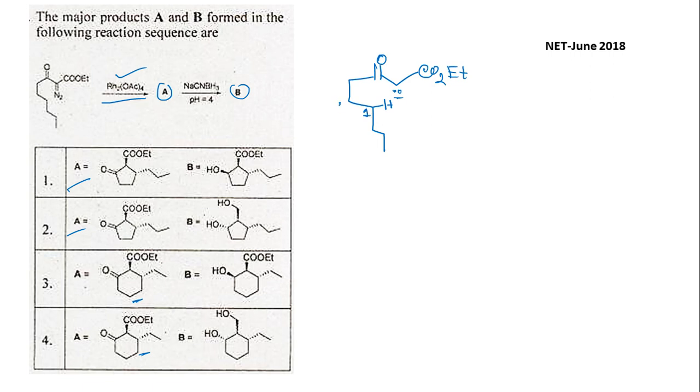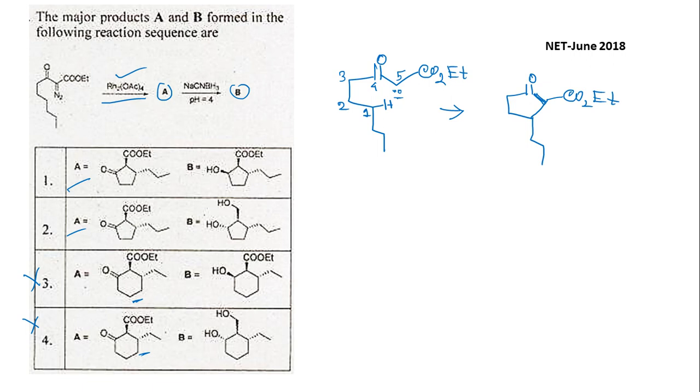So if I am numbering it 1, 2, 3, 4, 5, then the 5 and 1 bond will be formed, and there is CO2Et and this 3 carbon chain present. So as it is a 5-member ring, you can cancel options 3 and 4. Now we are left with this, it is not a double bond, it is basically a single bond.